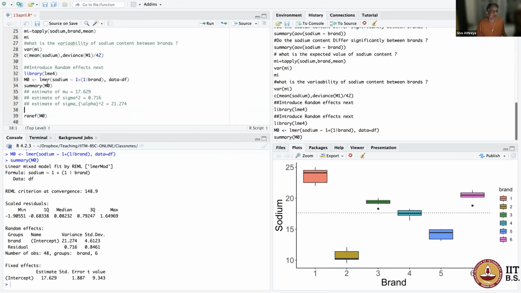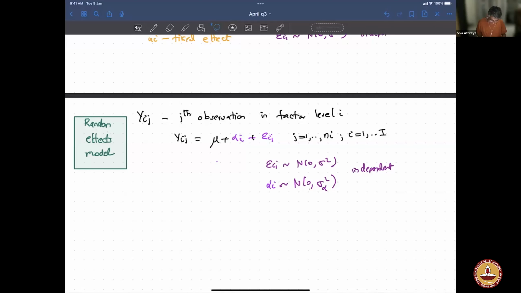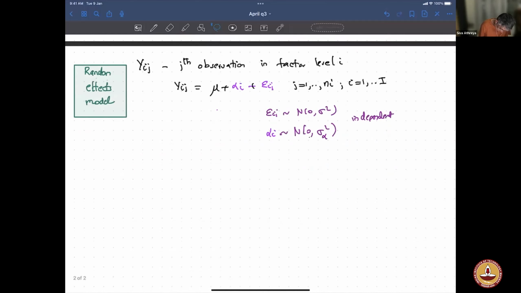Let me go to my notes now and let's try and discuss what this REML method actually is doing in R and where does it come to in some sense. So in the example that we did just now, we found that in R, we used the library lme4.